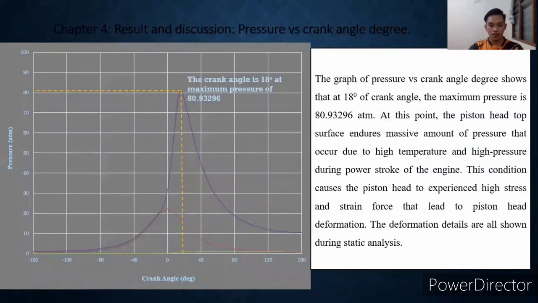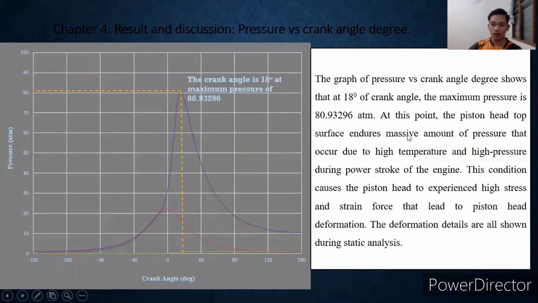So here is the graph of pressure versus the crank angle degree that we have done using the program that has been given to us. This graph of pressure versus crank angle degree shows that at 18 degrees of crank angle, the maximum pressure is 80.93 atmospheric pressure.